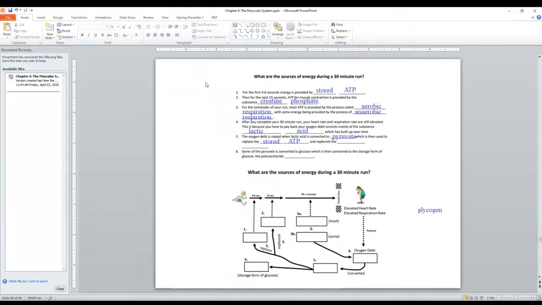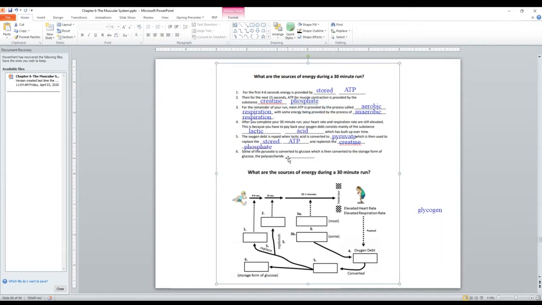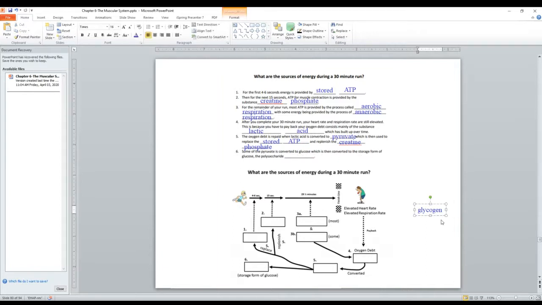And the creatine phosphate that you used up initially. Alrighty, some of the pyruvate is converted to glucose, which is then converted to the storage form of glucose, the polysaccharide glycogen.